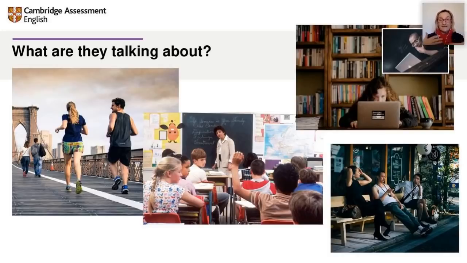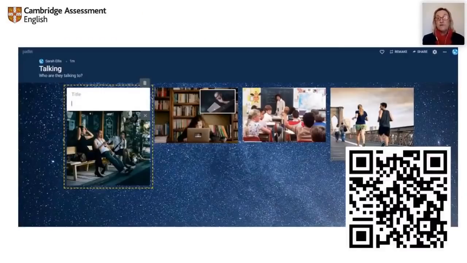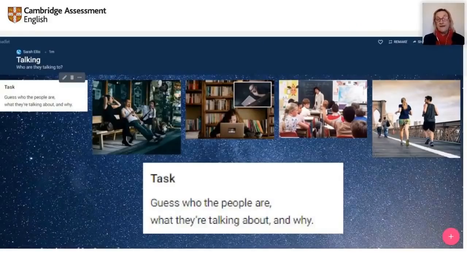You could elicit in the group, or you could also use a Padlet and ask the students to go onto this Padlet. In fact, that QR code would take you onto the Padlet if you're interested. You would ask the students to write their comments on there, guess who the people are, what they are talking about and why. Encourage them to be a little bit creative, a little bit imaginative.